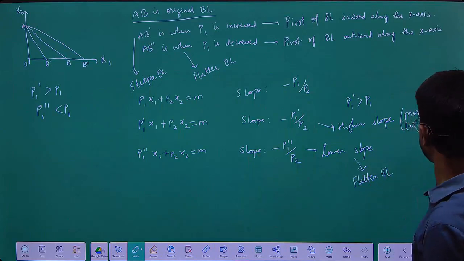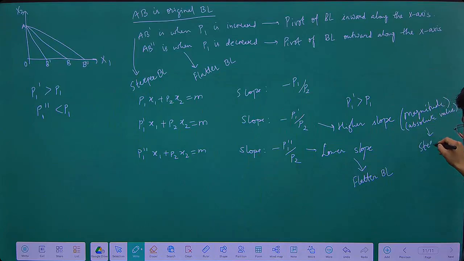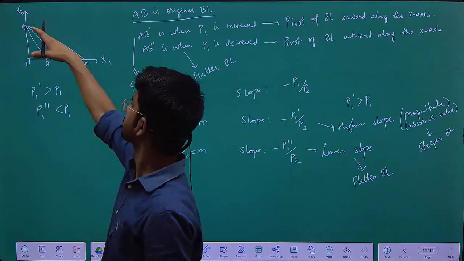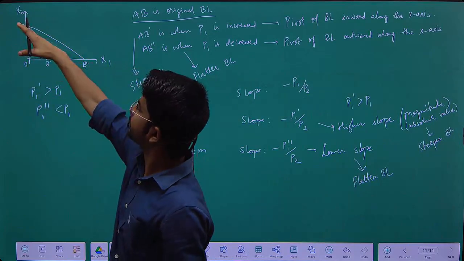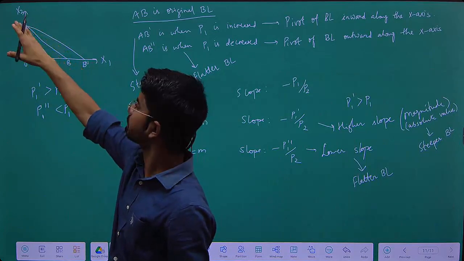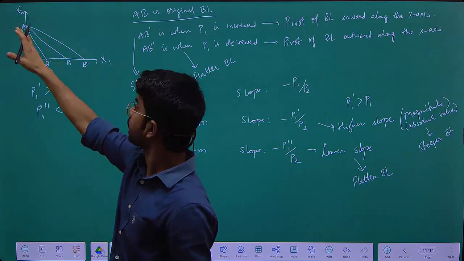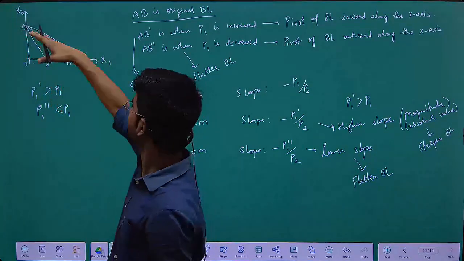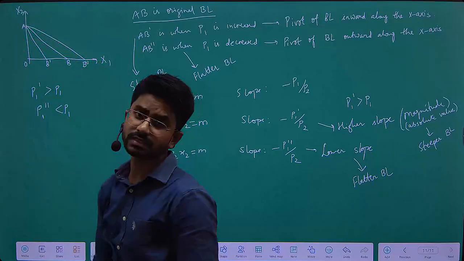In this case, you will have a steeper budget line. So if you look at the budget line in these three cases, compared with the original budget line, when the price is increased, the budget line is steeper. When the price is reduced, the budget line is flatter.